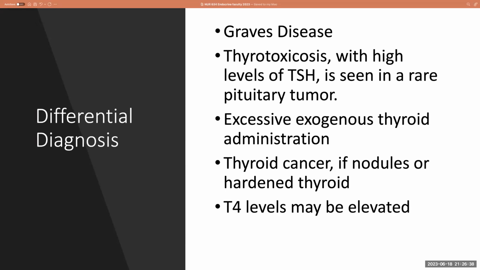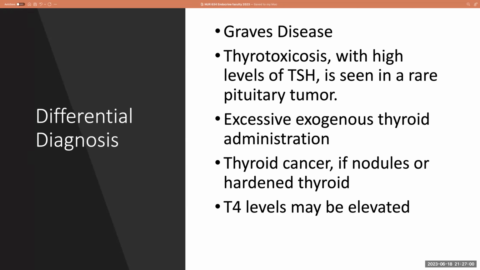We talked about excessive exogenous thyroid administration, which will produce the same symptoms seen when it's actually something wrong with the thyroid, the irritability, the heart rate, all those things. Thyroid cancer, you're going to see that. If you see the hardened nodules, usually not painful.